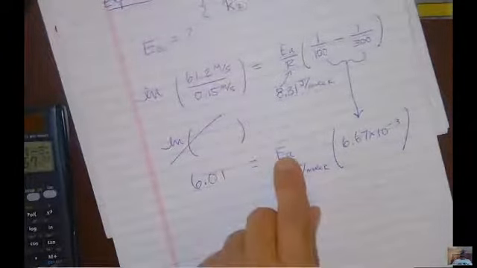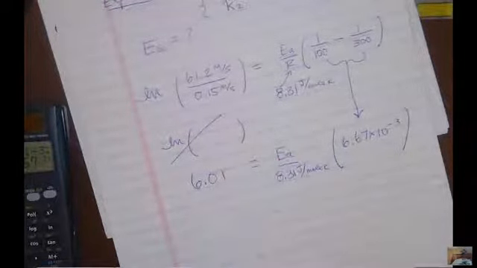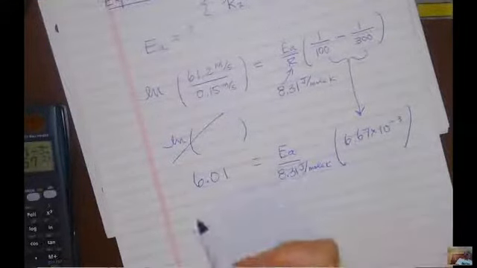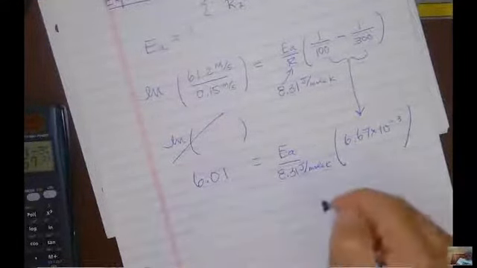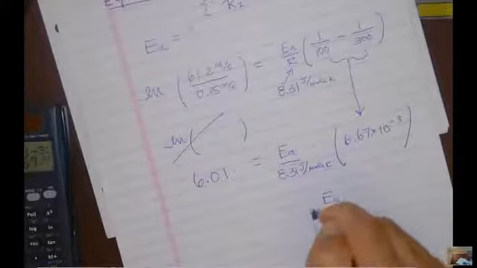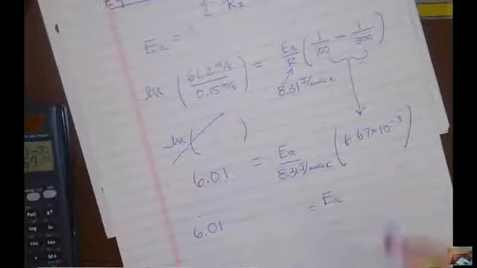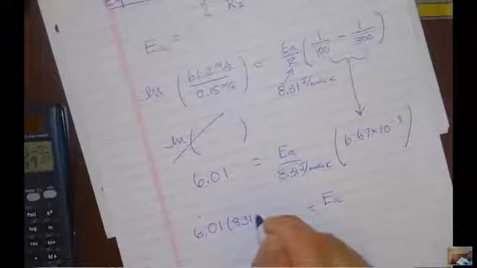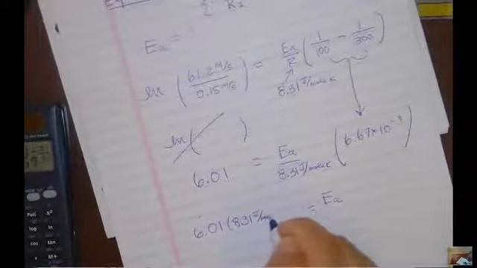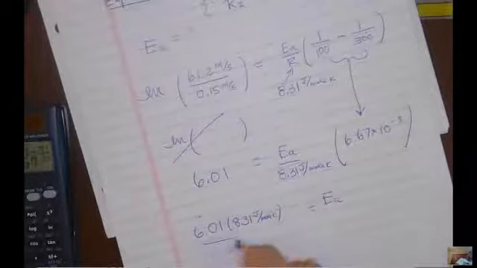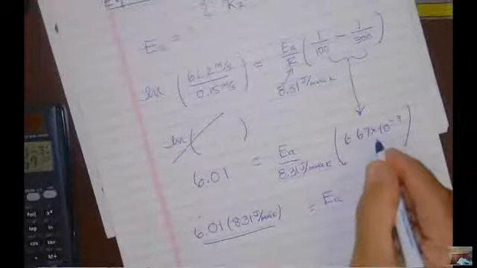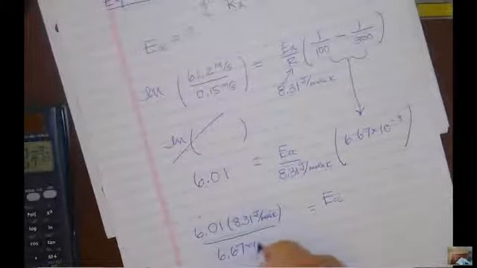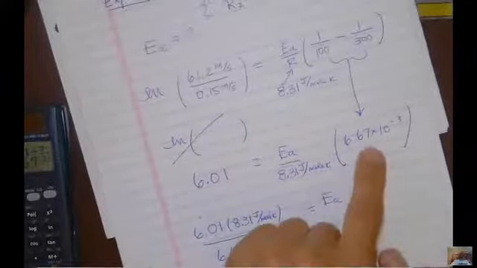I want EA by itself, right? So I am going to bring this guy up here. This guy's coming underneath. I'll leave the EA over here so you don't get confused. I have 6.01. This guy is going to get multiplied when I cross multiply, 8.31 joules per mole Kelvin. And under here, this was in the numerator, so it's going to be in the denominator, 6.67 times 10 to the minus 3. What unit did this have?